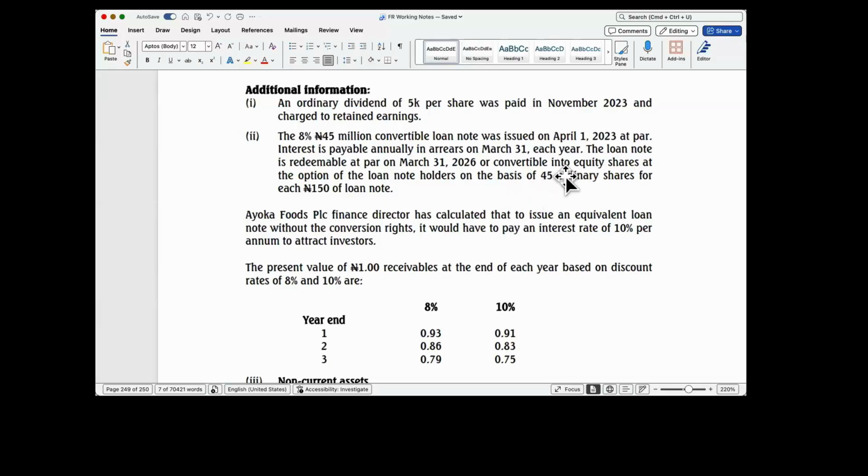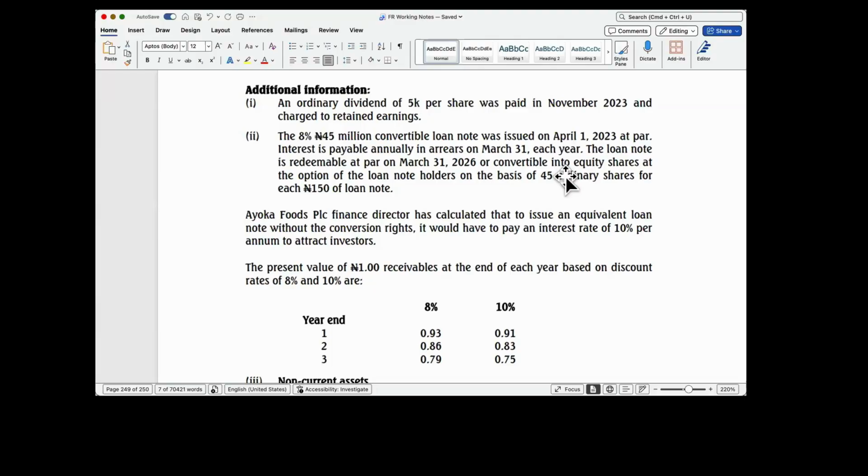It only confirms that the loan note holder will get a fixed number of shares, which goes back to the way I taught you in class: when you have a convertible loan note or a convertible debt, this is a compound financial instrument.